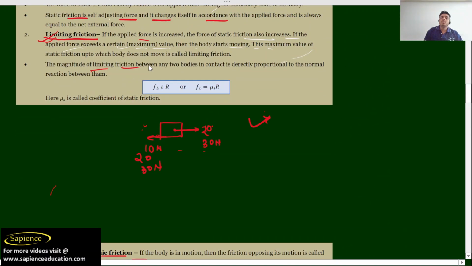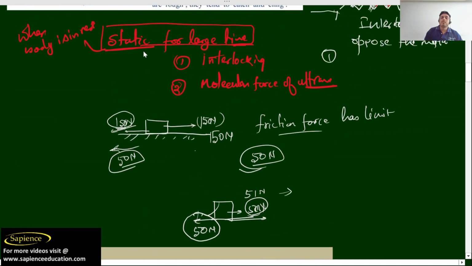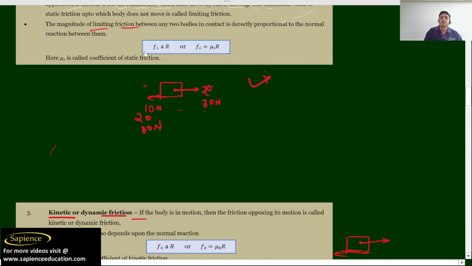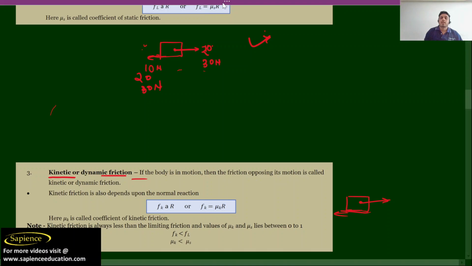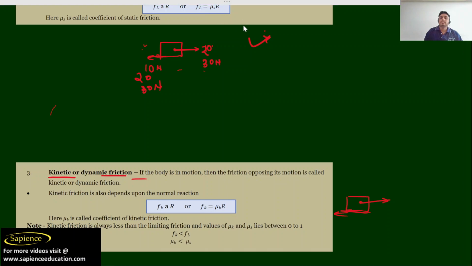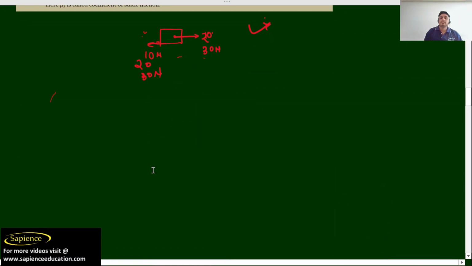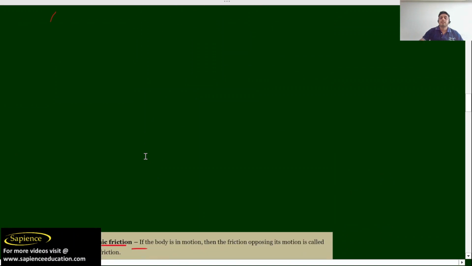Now, how will you define friction force numerically?